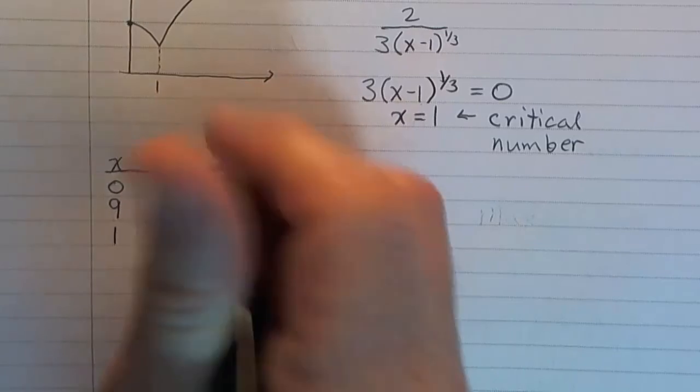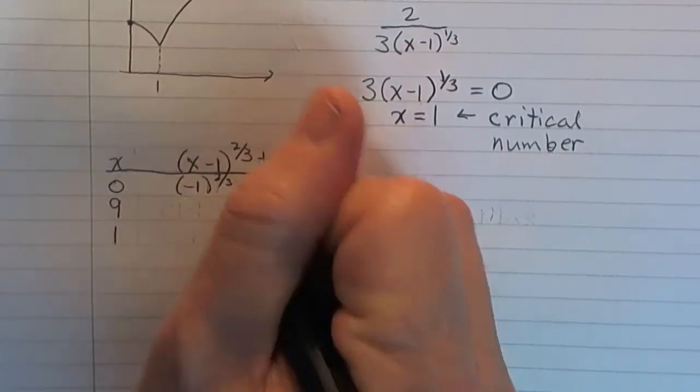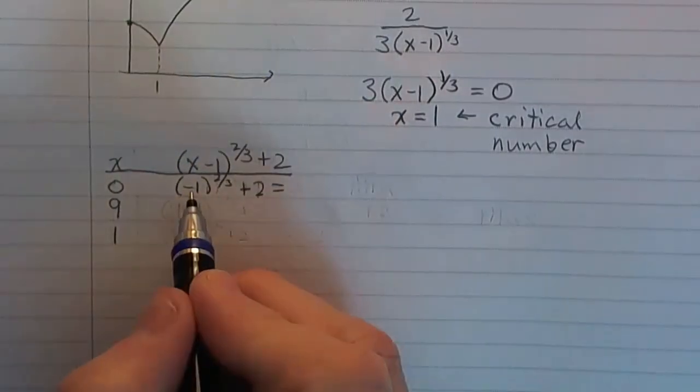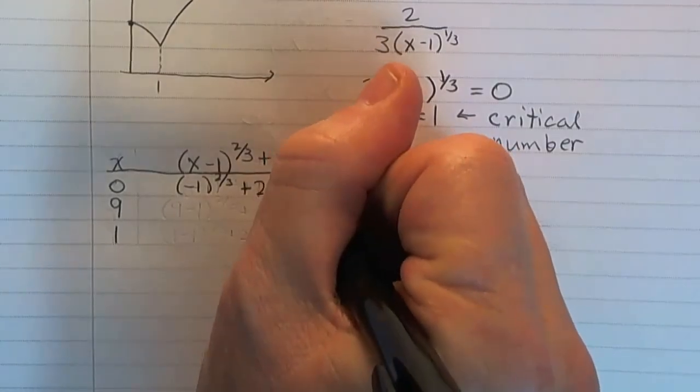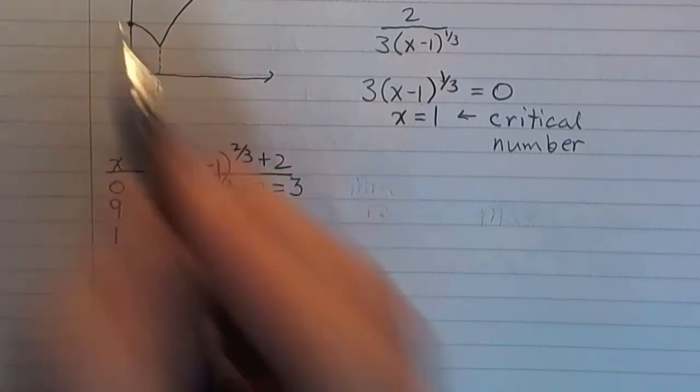If I put in a 0, I've got negative 1 to the 2/3 plus 2. The cube root of negative 1 is negative 1, squared is 1, so this is going to be a 3. You can see I found the function value there.